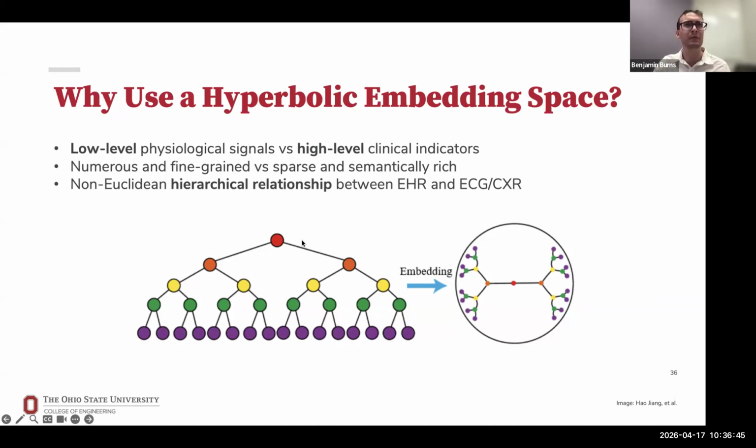A way to maybe understand this is to view the hierarchical relationships as a tree-like structure, where if we are able to embed these in a hyperbolic embedding space, where the representational capacity in a way expands exponentially as we move out from the origin, we can represent these sparse and very abstract feature representations for the EHR close to the root of this tree near the origin of the hyperbola, and the more low-level signals, which are the supporters for this high-level abstraction, can be expressed more towards the edge of the hyperbola, and that's how we inherently capture the hierarchical structure.